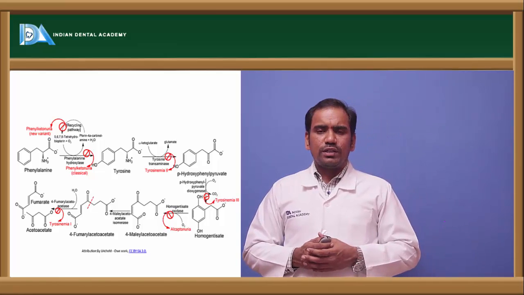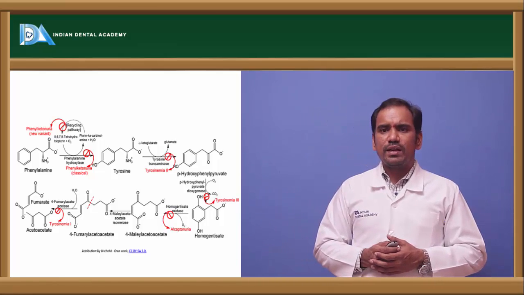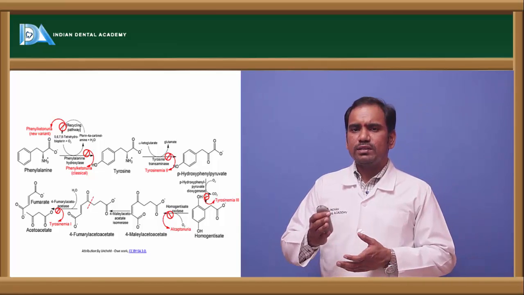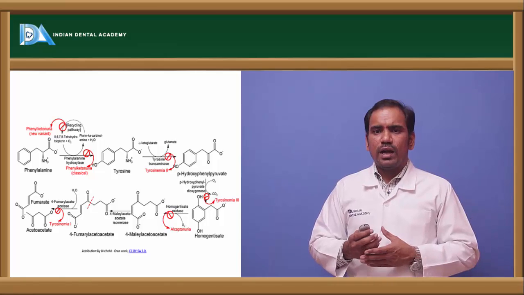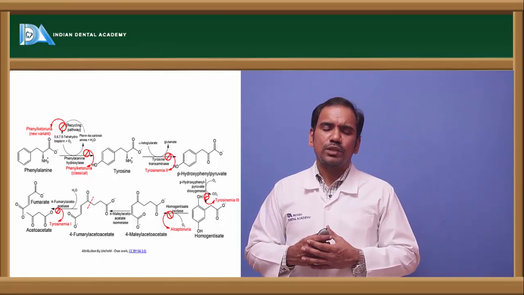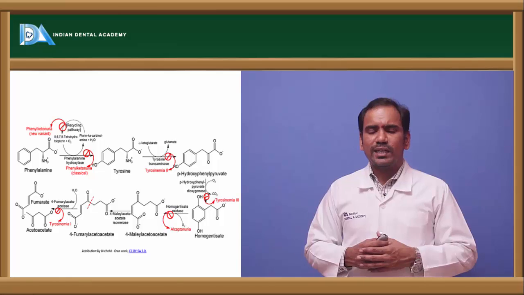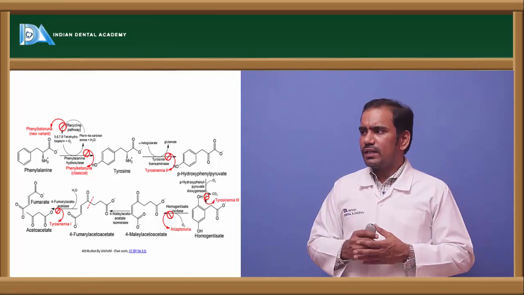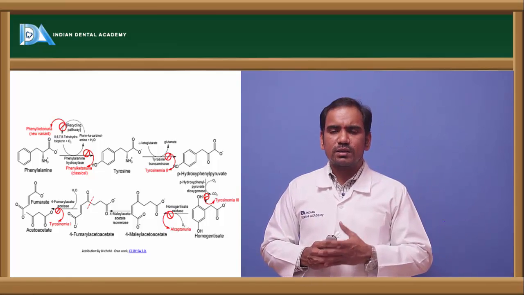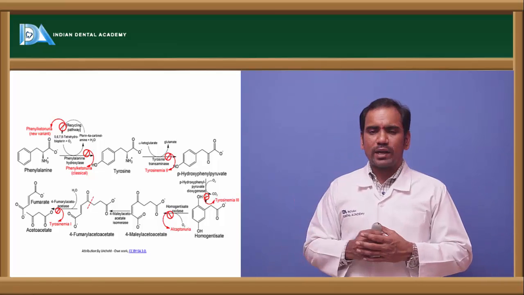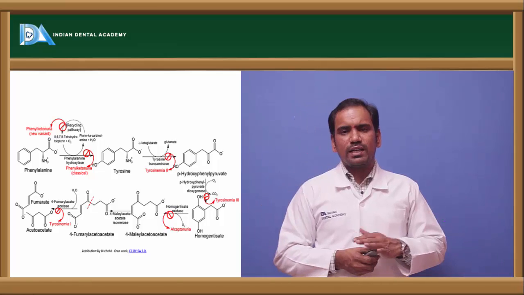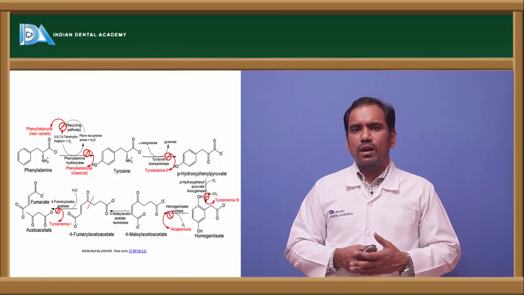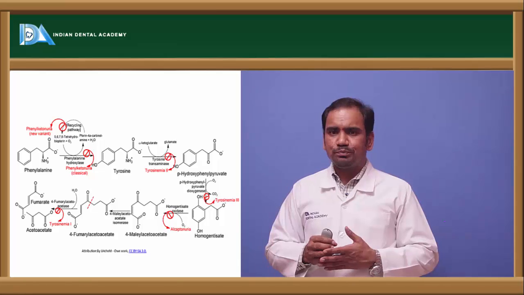And in the metabolism of phenylalanine and tyrosine, deficiency of each enzyme leads to a particular type of inborn error of metabolism. In the conversion of phenylalanine to tyrosine, it leads to phenylketonuria. In the next enzyme, which converts tyrosine into parahydroxyphenylpyruvate, tyrosine transaminase, deficiency leads to tyrosinemia type 2.